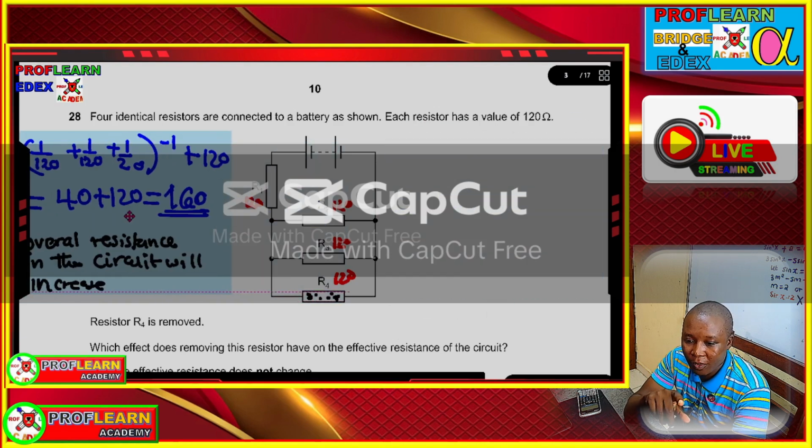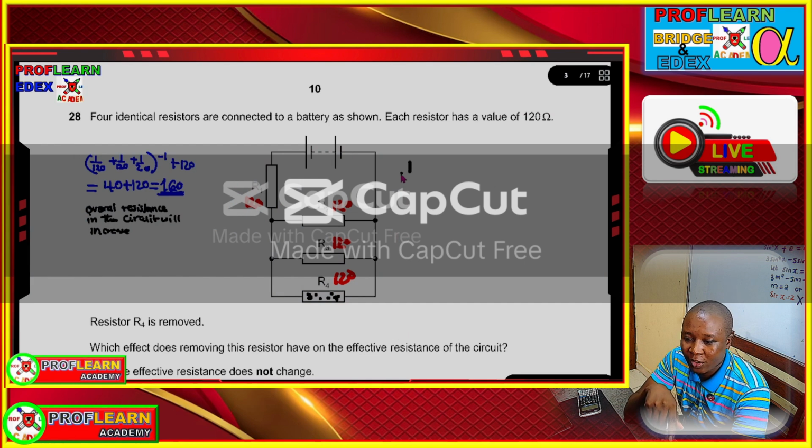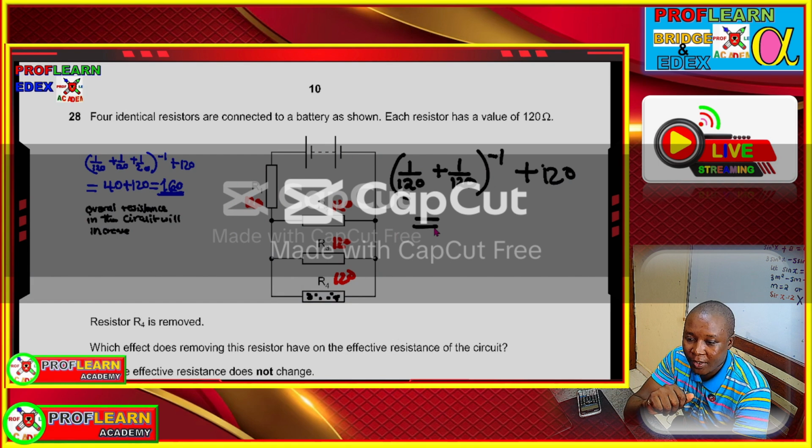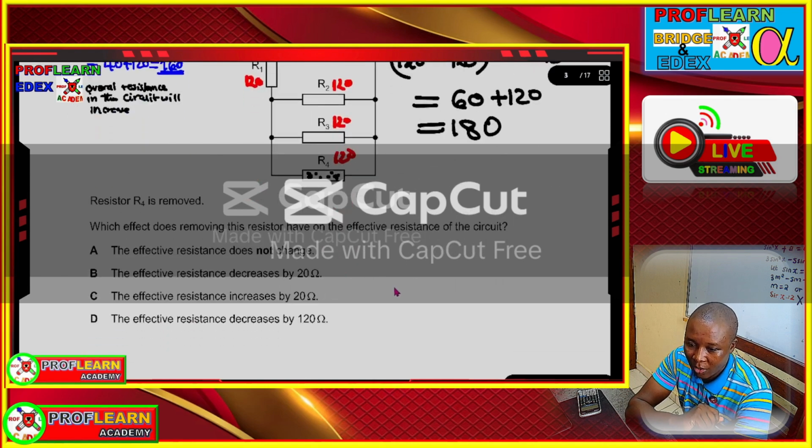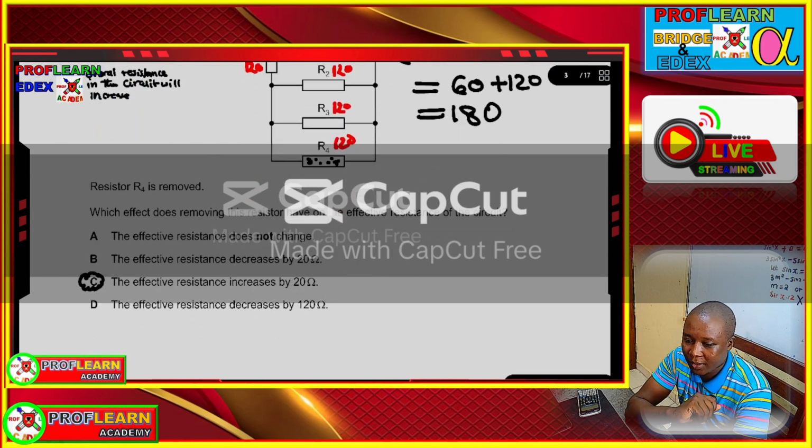Then we remove this resistor, and again work out the total resistance, and you get 180. So you can see when that is removed, the resistance of the entire circuit increases by 20 ohms. So we are going to say the answer is C.